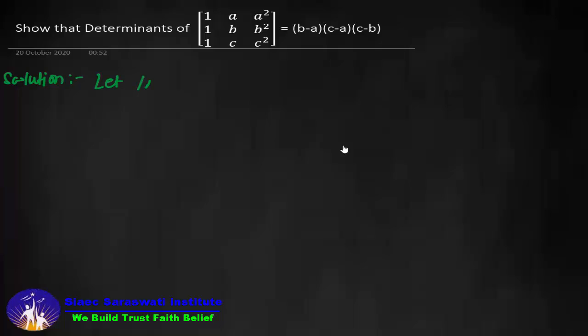That determinant of A is equal to 1 1 1, A B C, and A square B square C square.